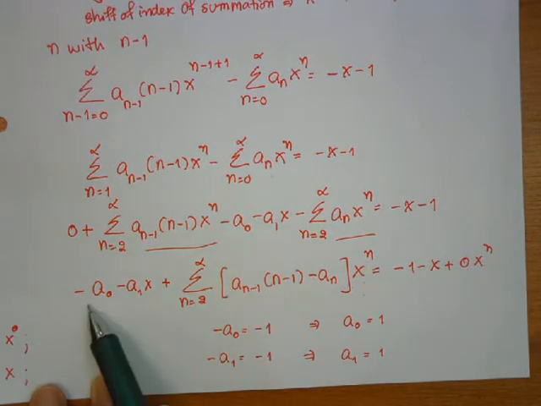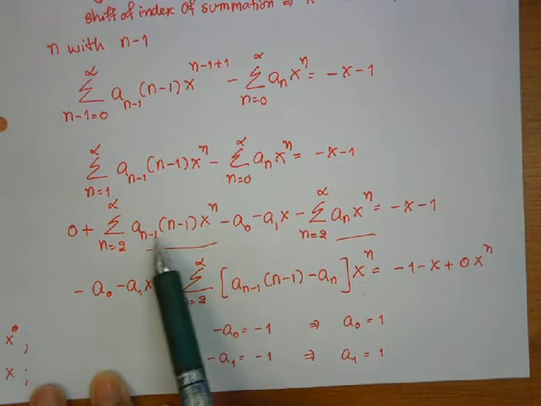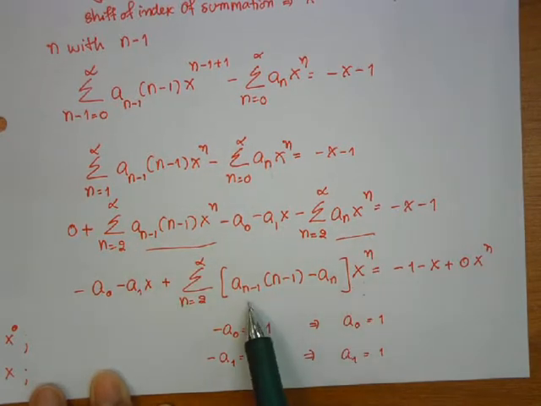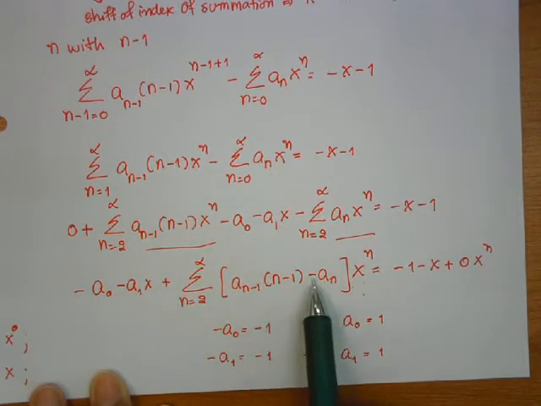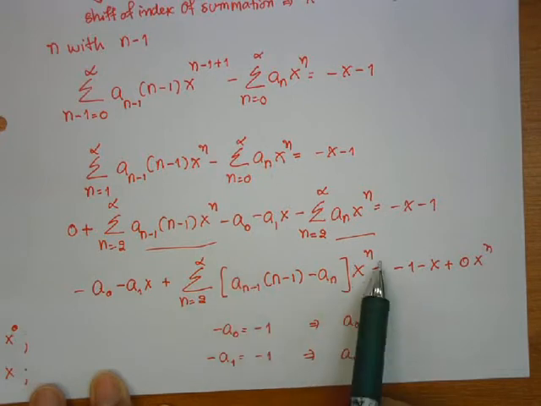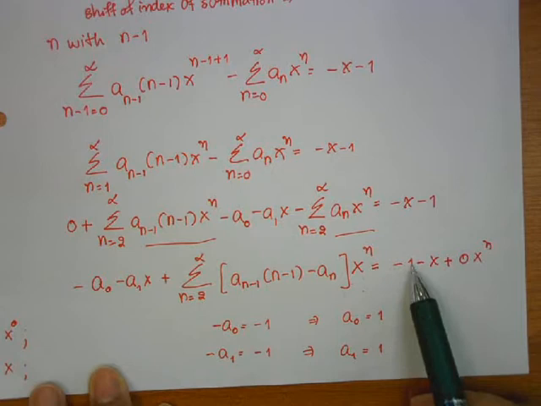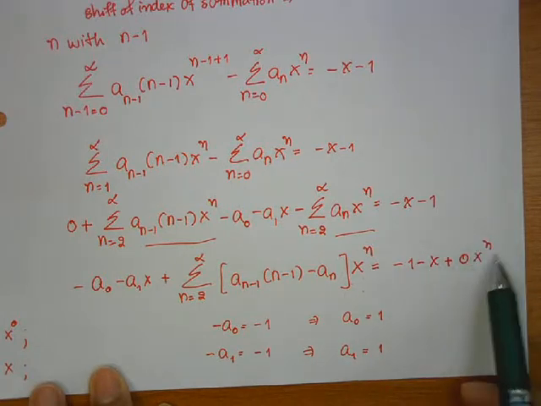I get a0 minus a1 x plus the summation. These two terms I can put together, and I get a_{n-1} times n minus 1 minus a_n, the whole thing times x to the power n, equal to minus 1 minus x plus 0 times x to the power n.